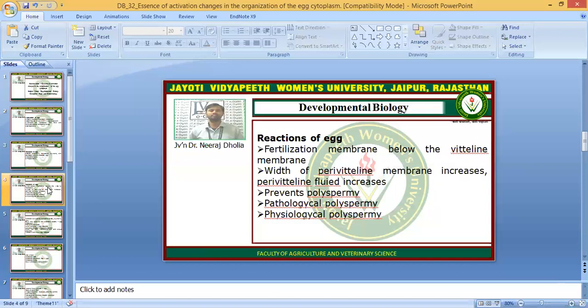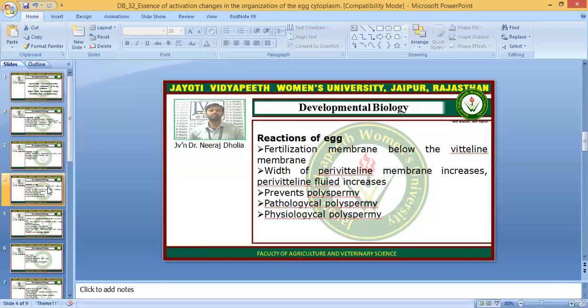So there are two types of polyspermy: pathological polyspermy and the physiological polyspermy. So pathological polyspermy is a diseased condition in which more than one sperm will fuse with the egg, and in this condition the embryo will die in the future, and it will not grow in an animal.